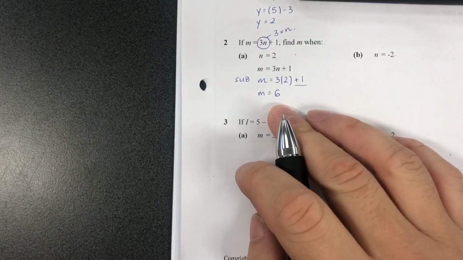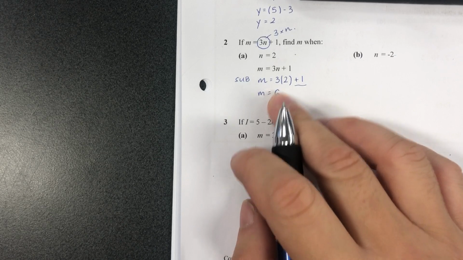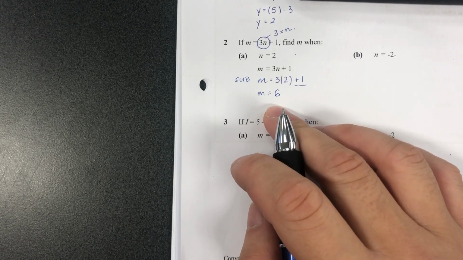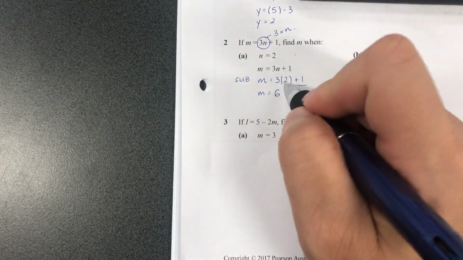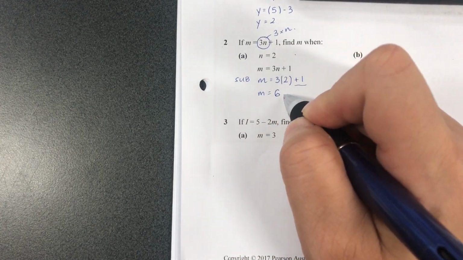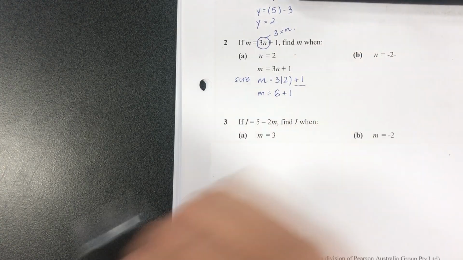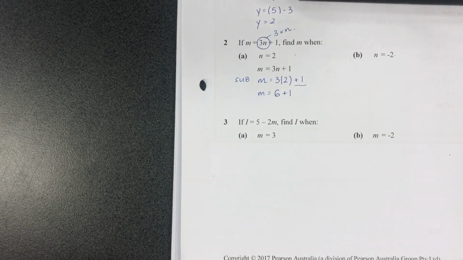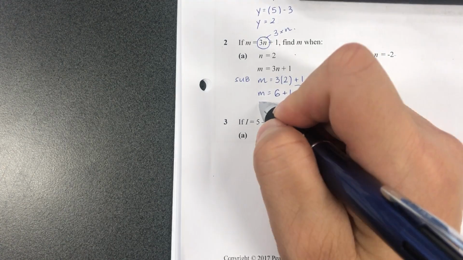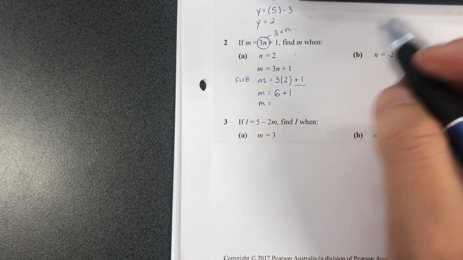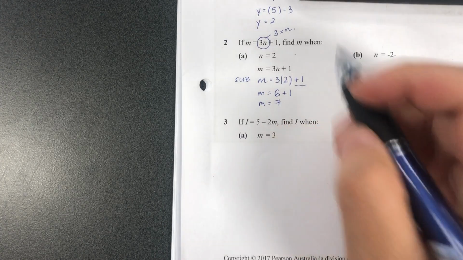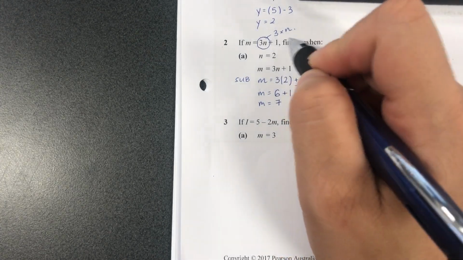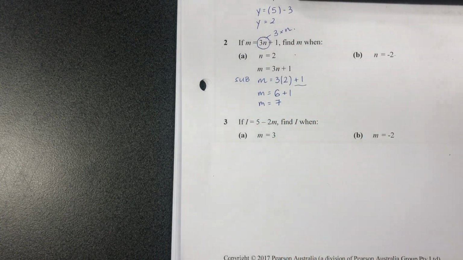That sometimes happens because you've done a bit of math and then your brain is like, I'm done here, but there's still more to the equation that needs to be included. So I multiplied the 3 by 2, I get 6, and then I'm adding the 1. I'm just writing it down. You could do that in your head, but that's often where mistakes happen. So then my next line is when I'm starting to solve it further, and I've got 6 plus 1, that's 7. I've done what the question asked me to, which is find m.